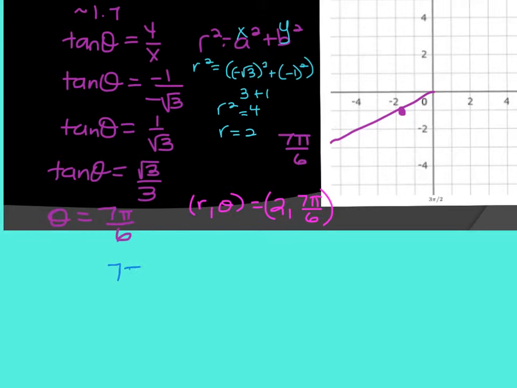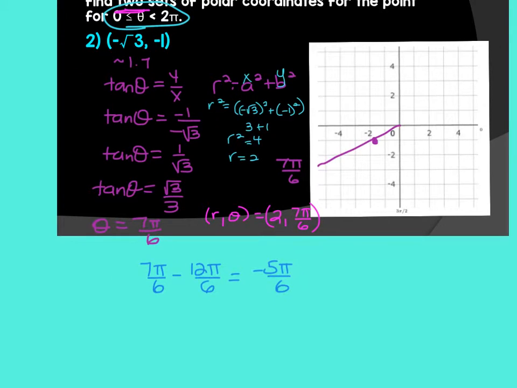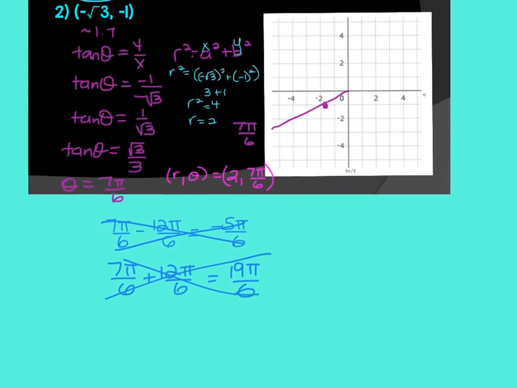If I subtract 2 pi from it, or 12 pi over 6, this time I need it to be bigger than 0, so that's too small. If I add it, it's too big, which means I have to go the other route.